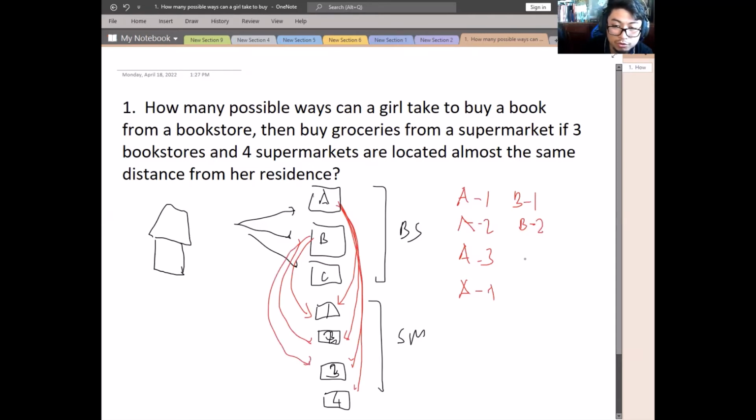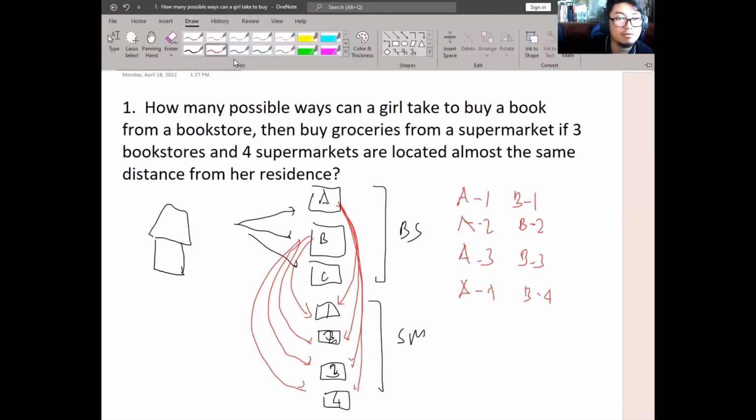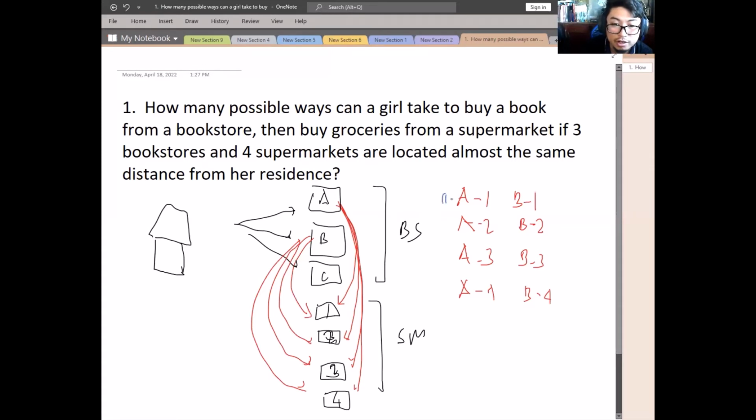She will go to bookstore B and go to supermarket 3. She will go to bookstore B and go to supermarket 4. Okay, so as we see from now, we have six ways, then 4, 5, 6, 7, 8.